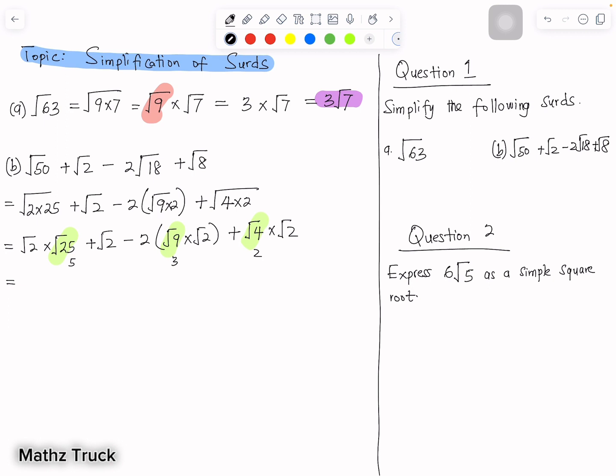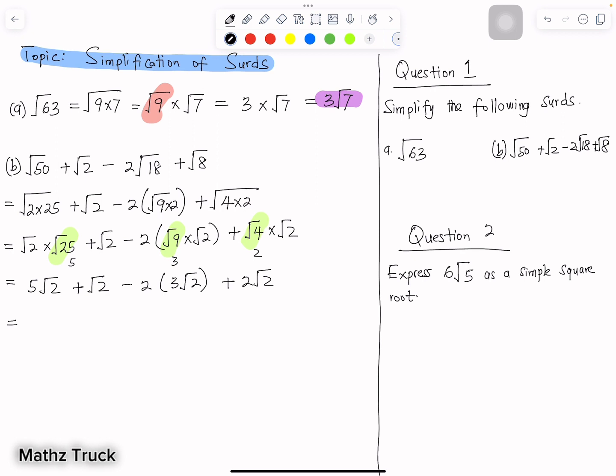Now you have root 2 times 5, which gives you 5 root 2, plus root 2, minus 2 into bracket 3 root 2, bracket close, plus 2 root 2.